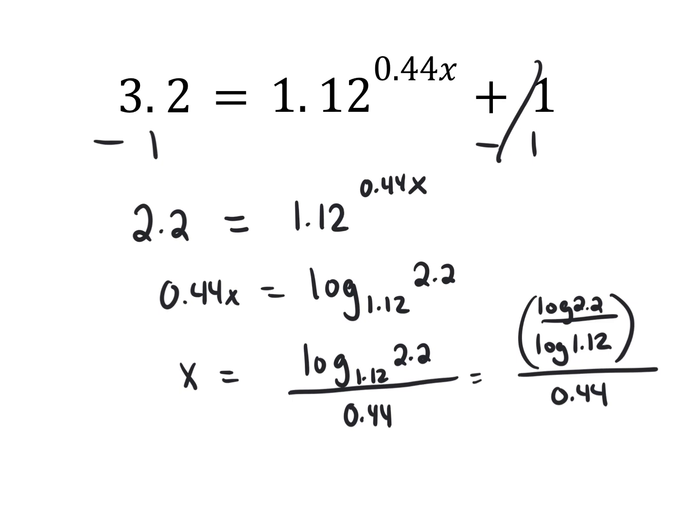Just getting it by itself. If I put this in the calculator, log of 2.2 divided by log of 1.12, all in parentheses, divided by 0.44, I get 15.81 approximately.